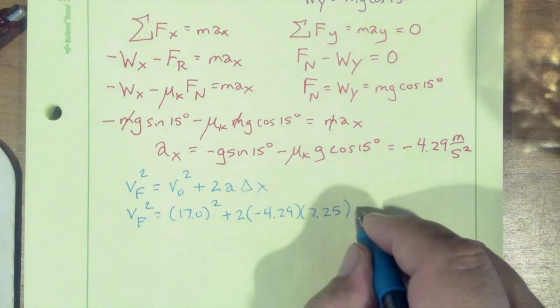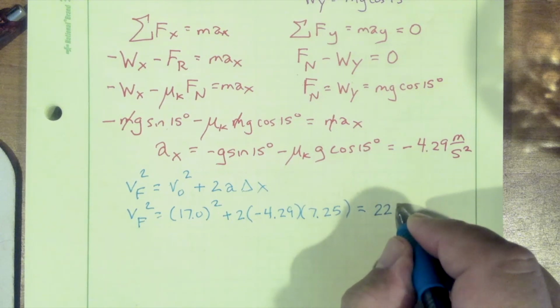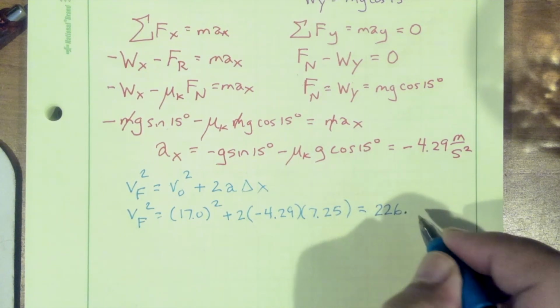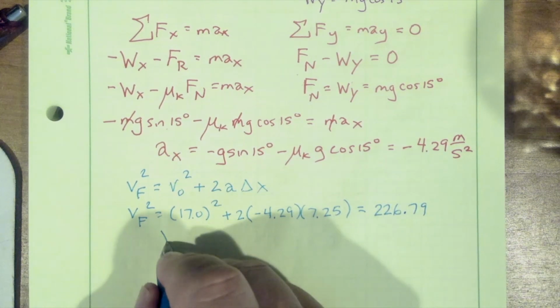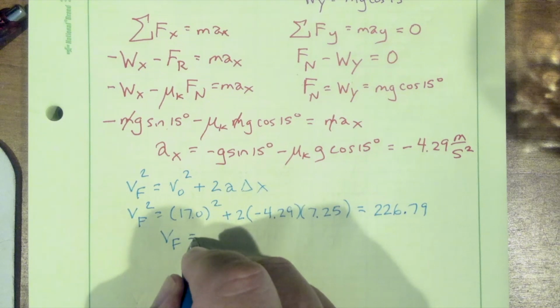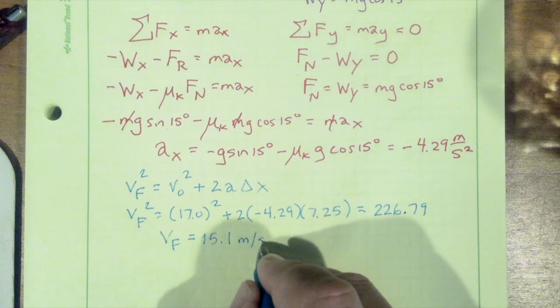Well, you calculate all this out, and we get a value for V final squared of 226.79, which gives us a V final of 15.1 meters per second.